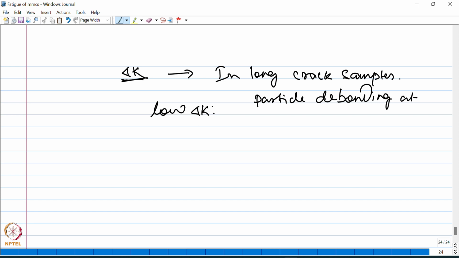And the propensity of fractured particles increased with increasing particle size.